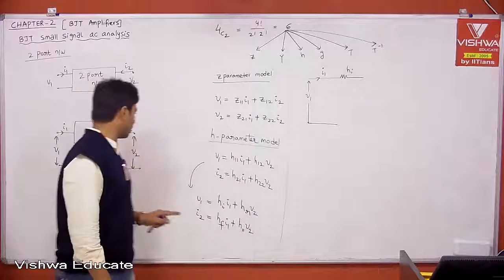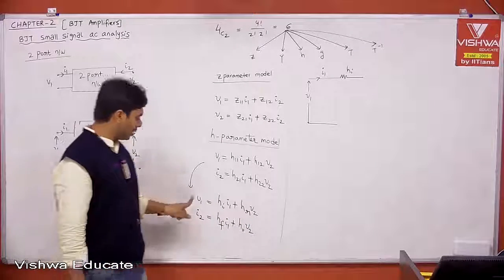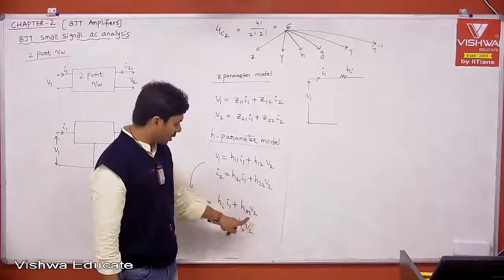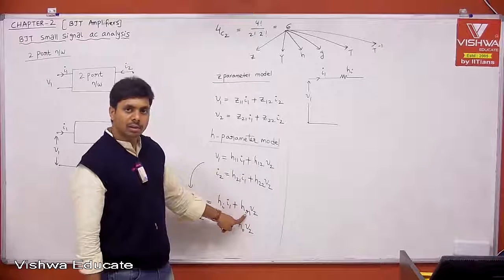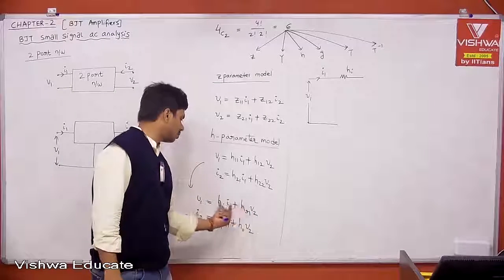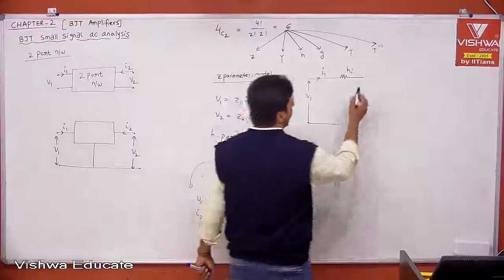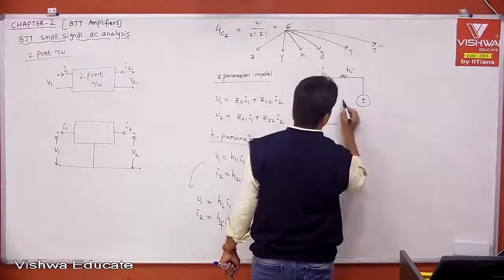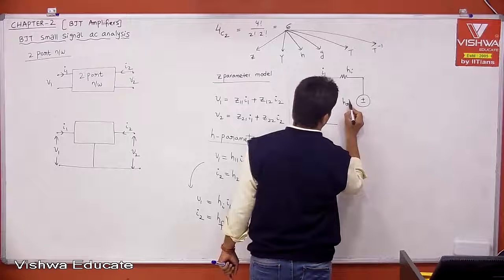We know that V2 is nothing but your output voltage. This is voltage, this is also voltage, and V2 is voltage, then what should be HR? That should be a constant, and whatever branches you get, both should be in series to add the voltages. Therefore, that is a dependent voltage source. This is nothing but HR into V2.